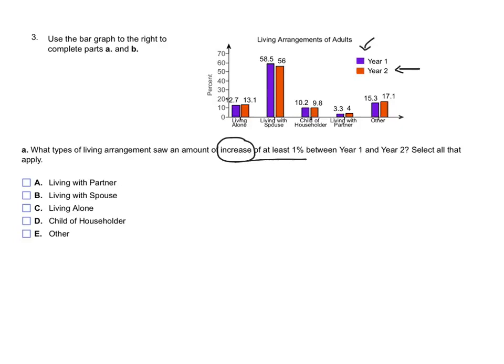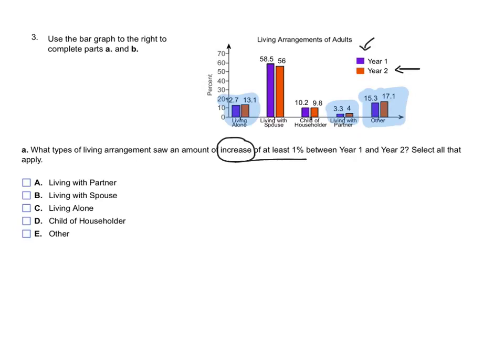So I'm going to go up here and I'm just looking for the red bar being higher than the purple bar. So we have an increase here. And then we also have an increase here and an increase here. Okay. So that's my first criteria.